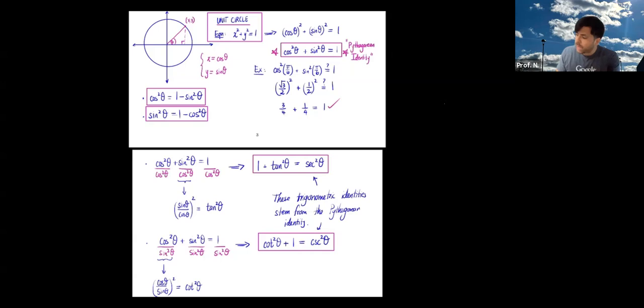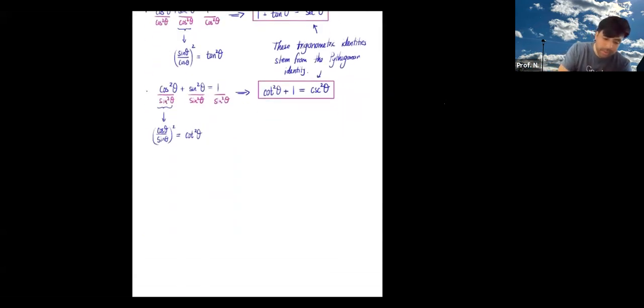So for example, I can use this information to find the rest of the values if I'm given one.